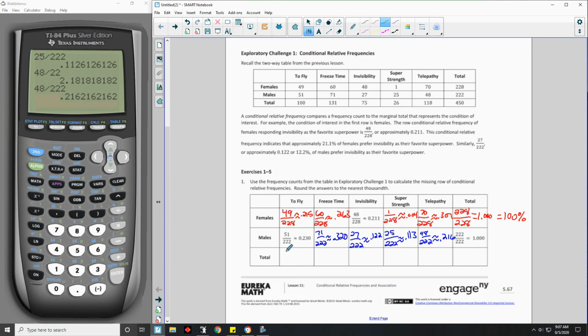And now it's going to be 100 out of 450, with an approximate. 131 out of 450. 75 out of 450. 26 out of 450. And 118 out of 450.